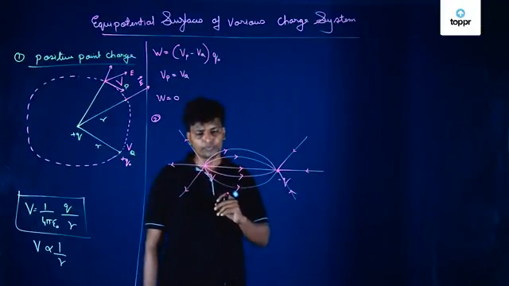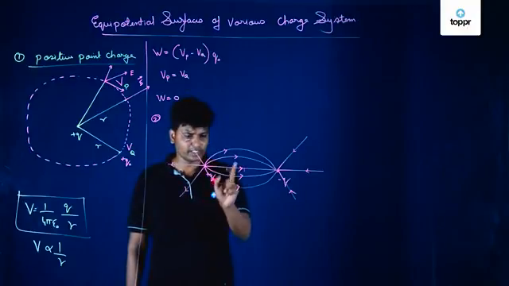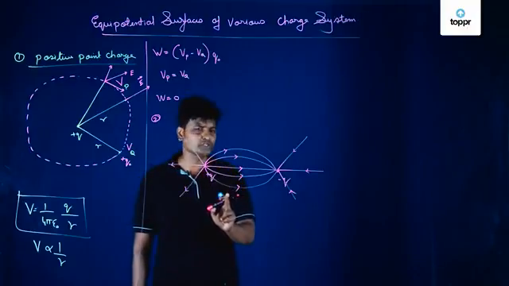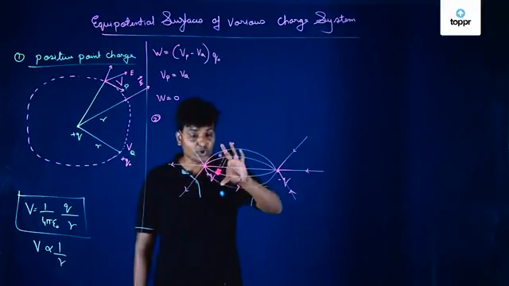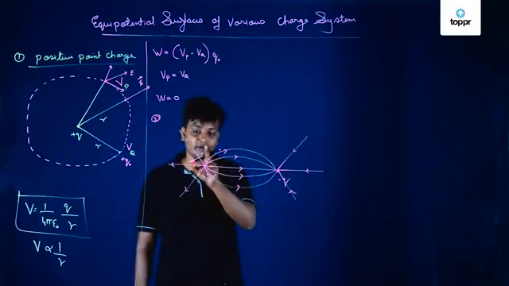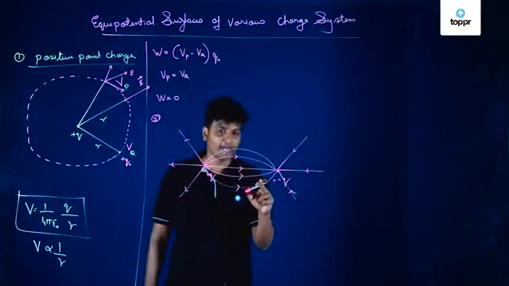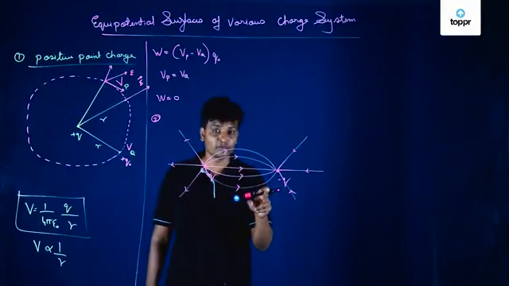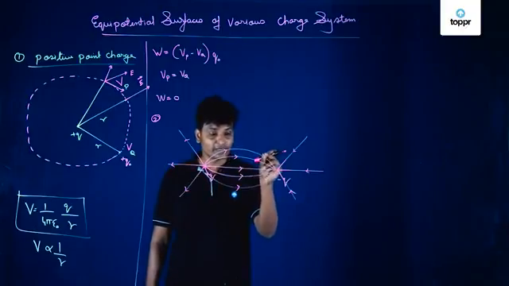So, if I take this entire region into consideration, in which region is the electric field stronger? Obviously, the electric field will be stronger in this region. Why? Because this region has more crowded field lines as compared to this region, right?